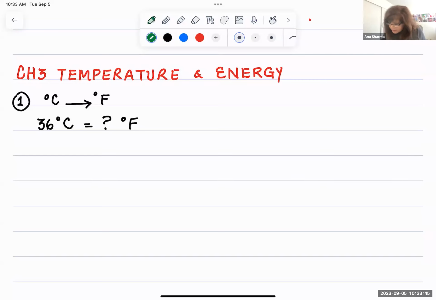So we are converting degrees Celsius. That means this is given to you as degrees Celsius, and you need to convert it into Fahrenheit. So the formula becomes, write this down, TF is equal to 1.8 times the value of T in degrees Celsius plus 32.